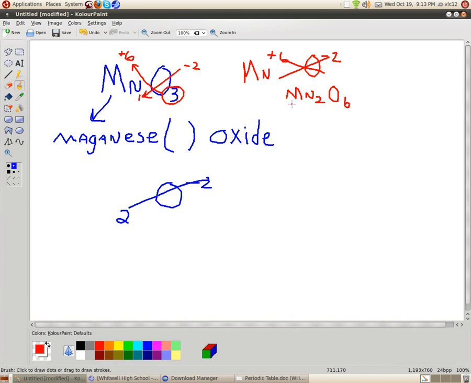Now remember, with metals, you cannot have multiple subscripts, meaning they have to be reduced. So you could take half of these numbers because they're all multiples of 2. And then you get MnO3.